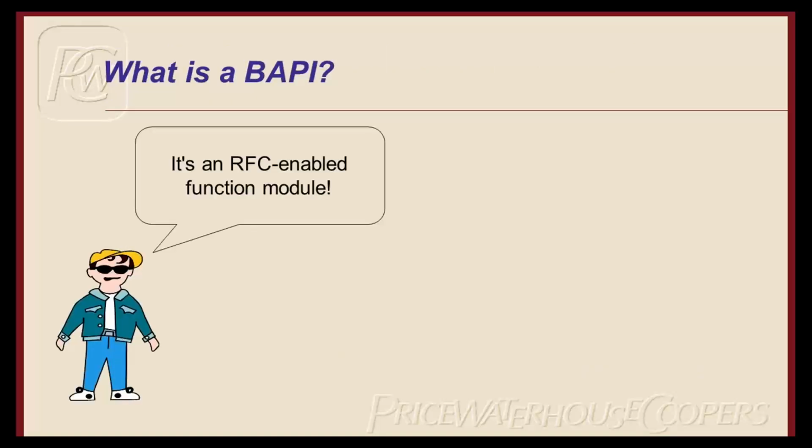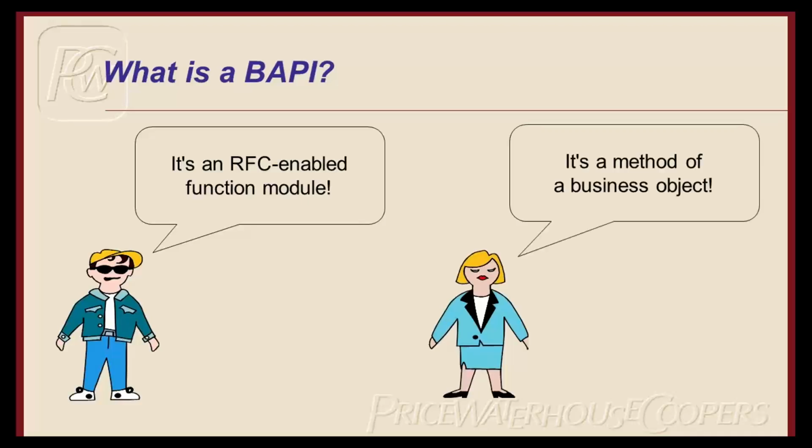Now, what is a BAPI? One answer says it's an RFC enabled function module. Another says it's a method of a business object. Which is correct? The remote enabled function module is correct, and it's a method of a business object is also correct. It actually acts like a method of a business object repository.